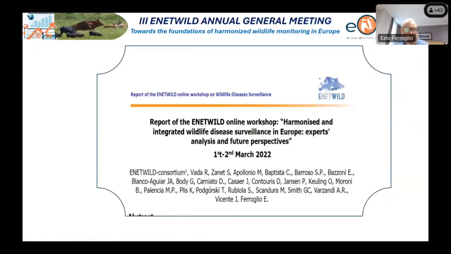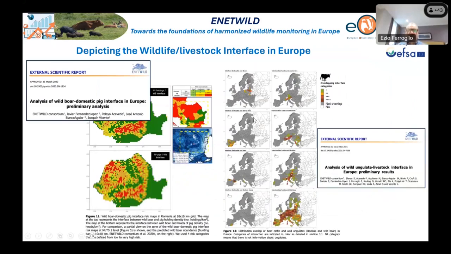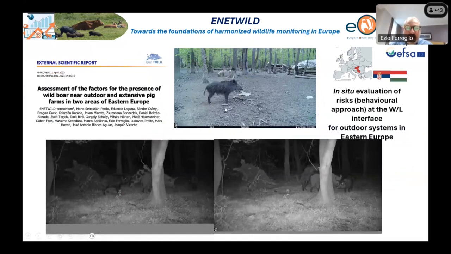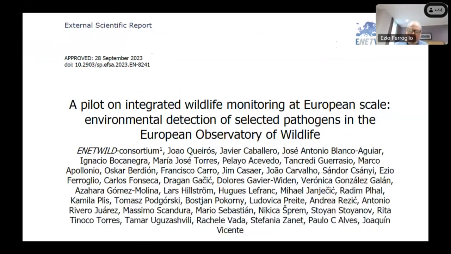And we have moved a lot, at the end of the first contract, towards the side of wildlife disease because of the African swine fever virus, and even with the use of camera traps and, under the request of EFSA, we evaluated also the risk of overlapping of wildlife and livestock, and the risk that wild boar bring to the presence of irregular or extensive pig breeding, in order to evaluate the risk of African swine fever spread from wildlife to domestic animals.